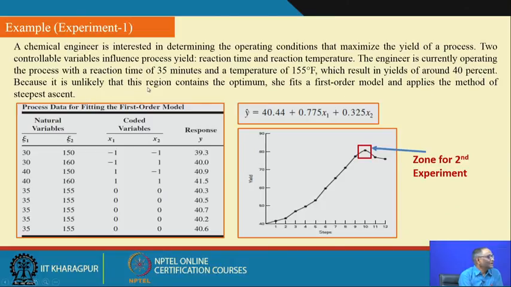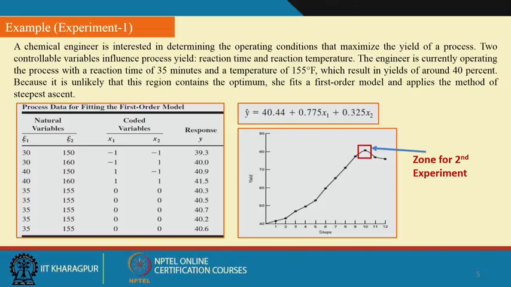Because it is unlikely that this region contains the optimum, if a first order model applies, we use the method of steepest ascent. In fact, all the steps and procedures with reference to this example we discussed in the last class, and I have also shown you that the new zone of experiment will be this one.